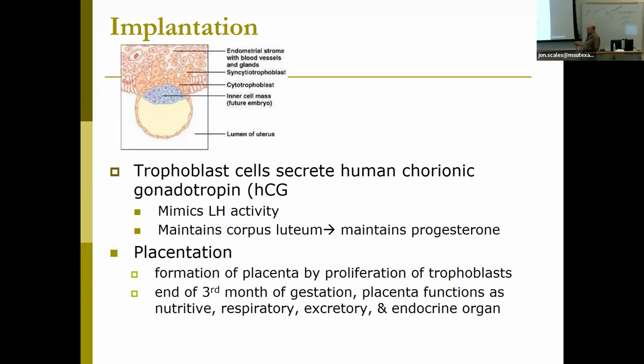It also is mimicking luteinizing hormone, which increases the amount of progesterone as well. But what it's doing is it's maintaining the corpus luteum in the ovary, and the corpus luteum is cranking out progesterone. So HCG is essentially making progesterone still be made, and HCG itself acts like progesterone.